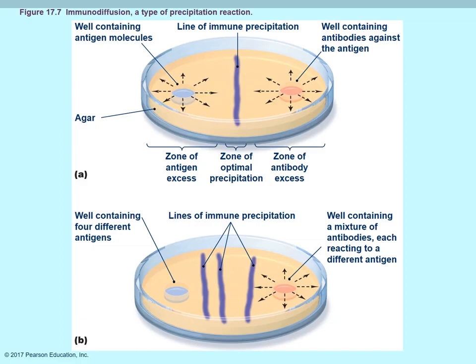on these plates. On the upper zone, there is a well, the blue, where they put the antigen, and then on the right hand side in the red wells where they put antibodies. Both of those will diffuse through the agar on that plate, on that petri dish, and where they meet, you get this precipitation line, and you can visually just see this line.